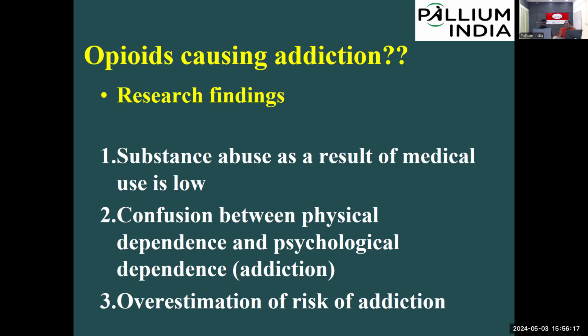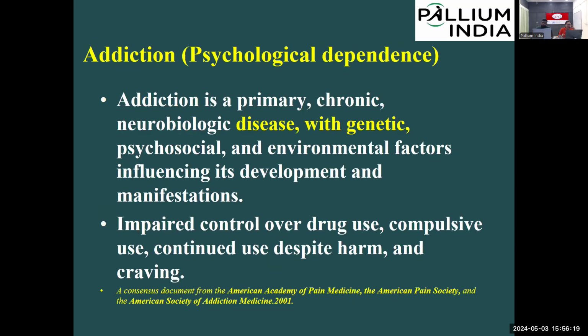So now, what is physical dependence and psychological dependence? Addiction. As per the American Academy of Pain Medicine, American Pain Society and American Society of Addiction Medicine, this is the definition for psychological dependence.